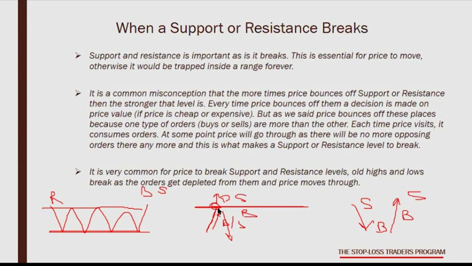Anyway, these SRs where price bounces a couple of times are my major SRs, right? Similarly, see, at this point price moved up again. When it came back to this line, price gave huge bounces. So these support areas are called major support areas from where price has bounced a couple of times.